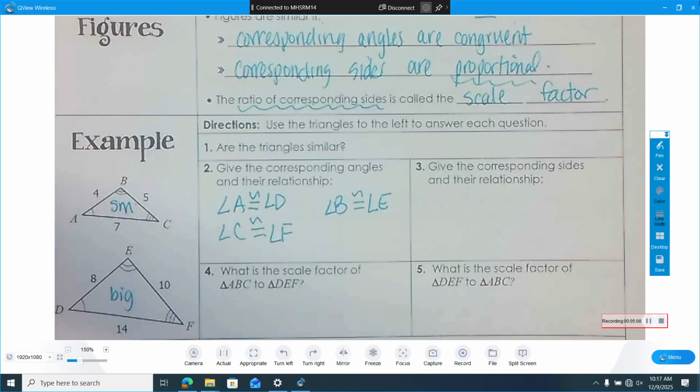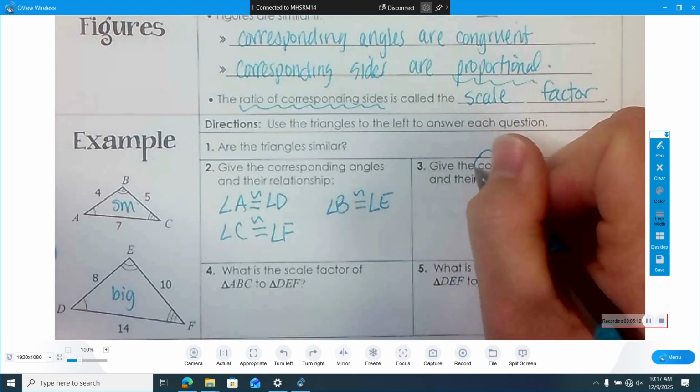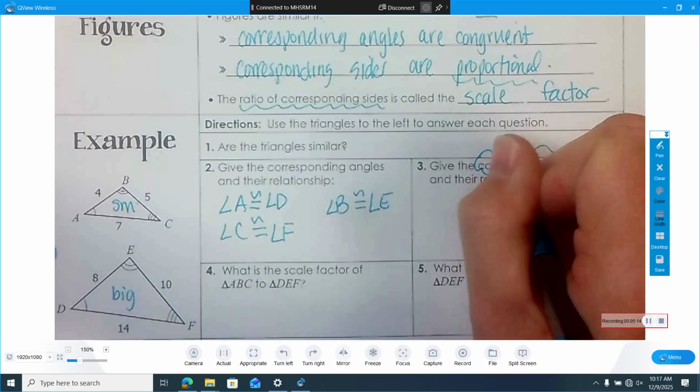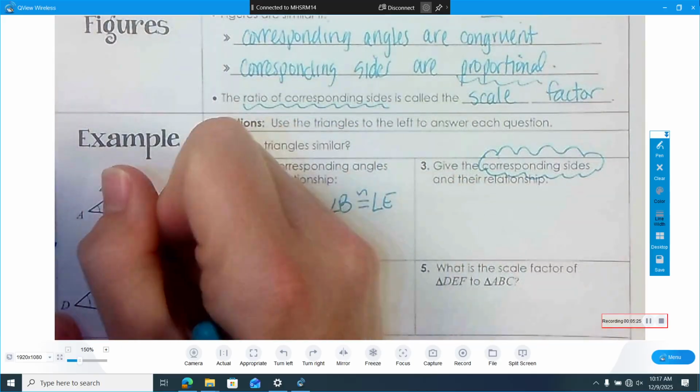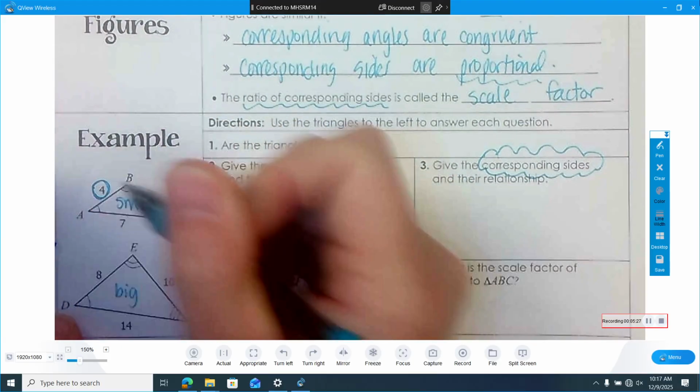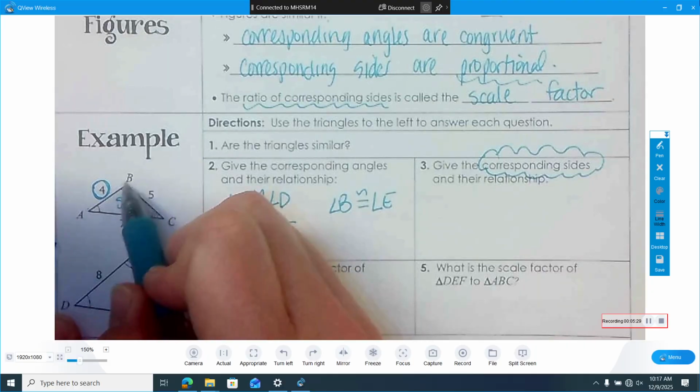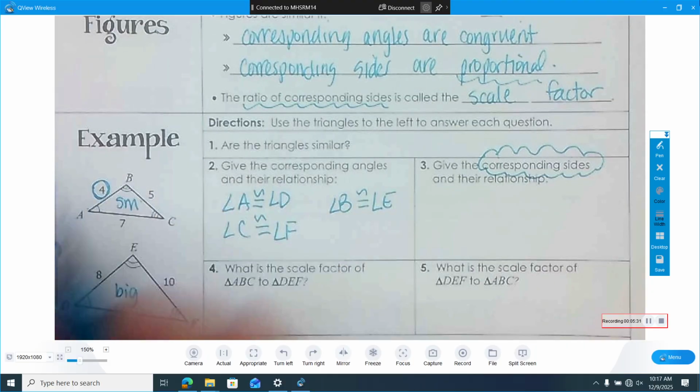And we need to look at the corresponding sides. This is what we want to focus on today. Corresponding sides. Corresponding means they're like the same position. Okay, they're in the same sort of position. So I want to look here. This side AB has a side length of 4.